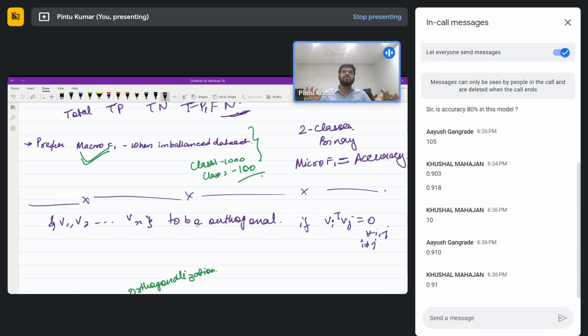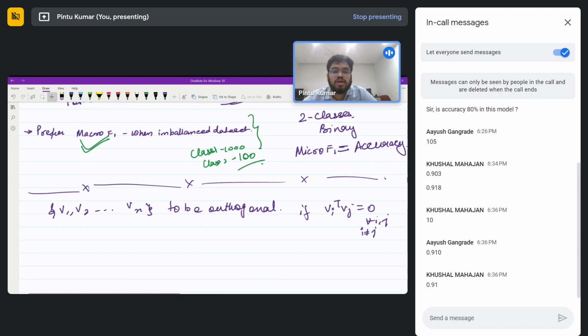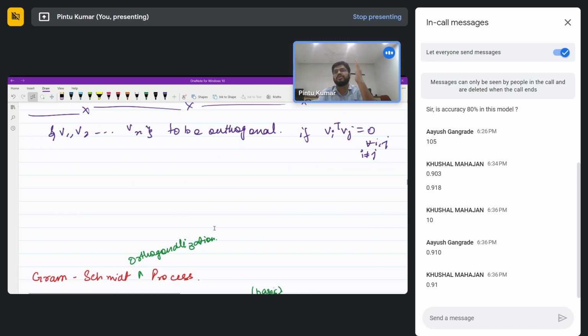If i is equal to j, then it should not be equal to 0. This is what is known as orthogonal: your vectors are perpendicular to each other.